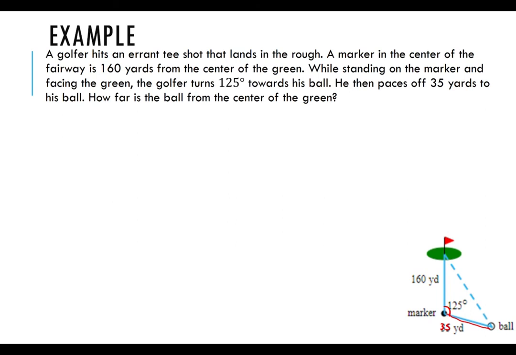Okay, lucky for us, we have this nice picture here already for us, which means that at this point the only thing that we need to find is this side over here. Whatever we wanted to label it, I've decided to label that opposite 125 degrees side as C. Regardless, that means that C squared is equal to 160 squared plus 35 squared minus 2 times 160 times 35 times cosine of angle 125 degrees.